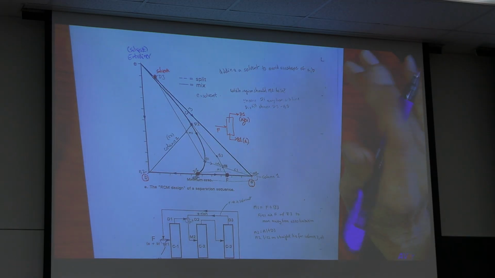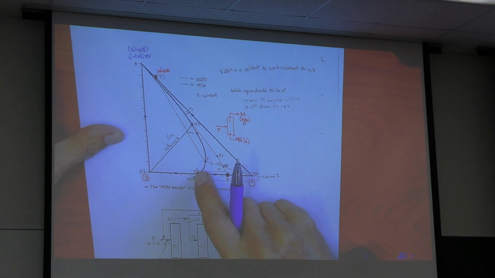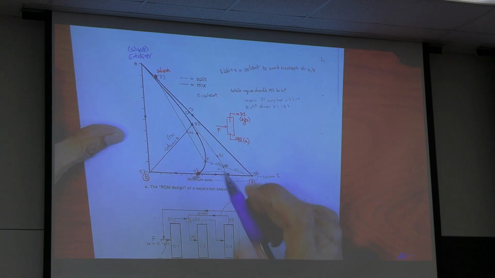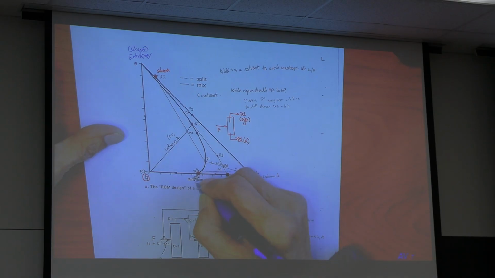So now you look at this D1. This is the low boiler.